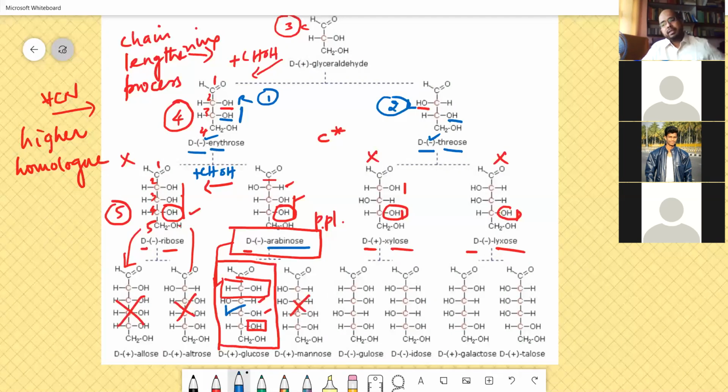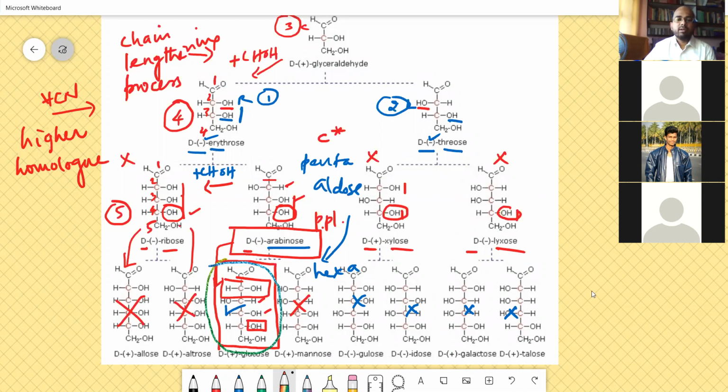So you have to write that upon preparation of the higher homologue of glucose, from arabinose, which is a penta-aldose, it gives rise to hexose. It doesn't give any other. These are all possible isomers, which are not given. How do we measure? We measure it by means of some spectroscopic techniques and some lab tests. So we get only this product.